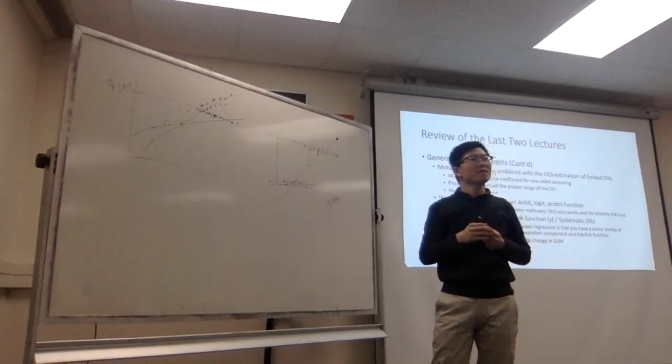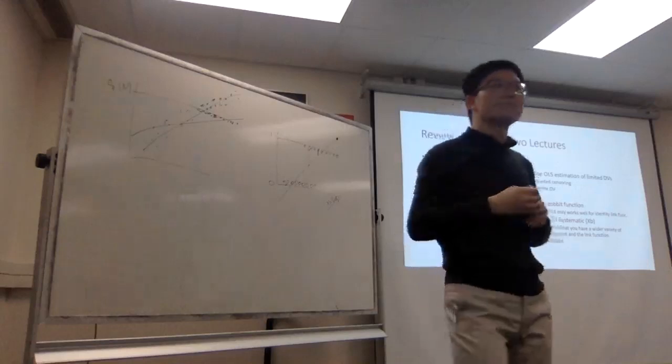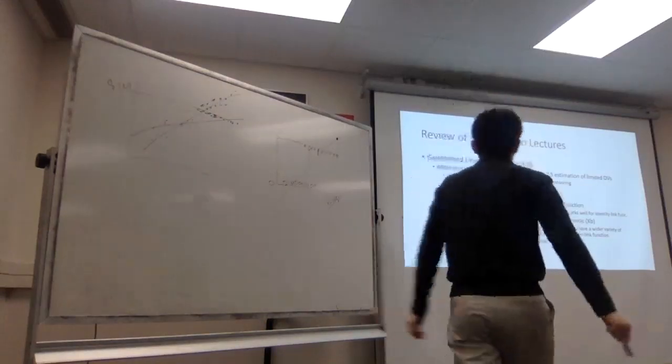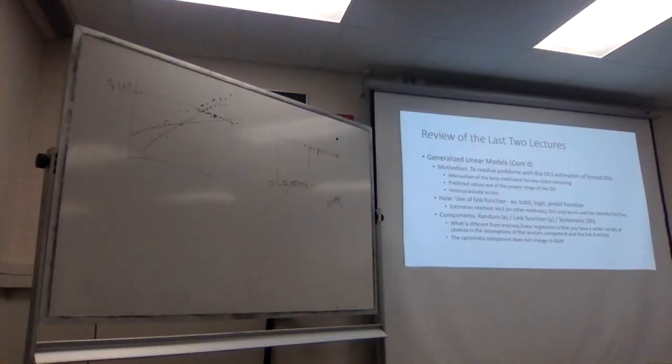Does that make sense? All right. So there are these three problems, one of which applies specifically to one-side censoring, but still. So you are trying to resolve those problems.